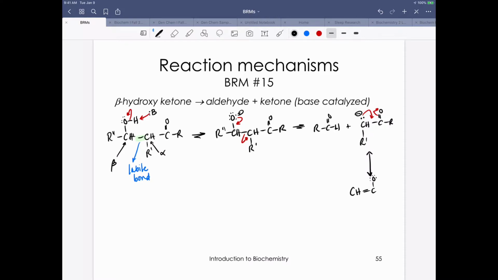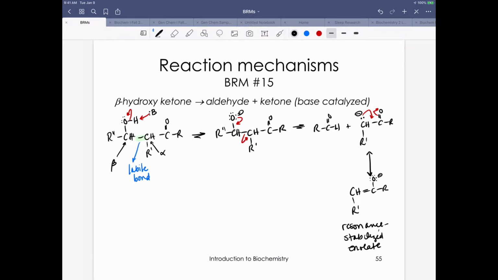And we've talked about in previous mechanisms why putting those electrons on that oxygen would probably be better, because that is a more electronegative atom, and so it's going to be better able to stabilize that charge that we have there. So again, that resonance stabilized enolate is going to make it a good leaving group. So again, we've got a resonance stabilized enolate.